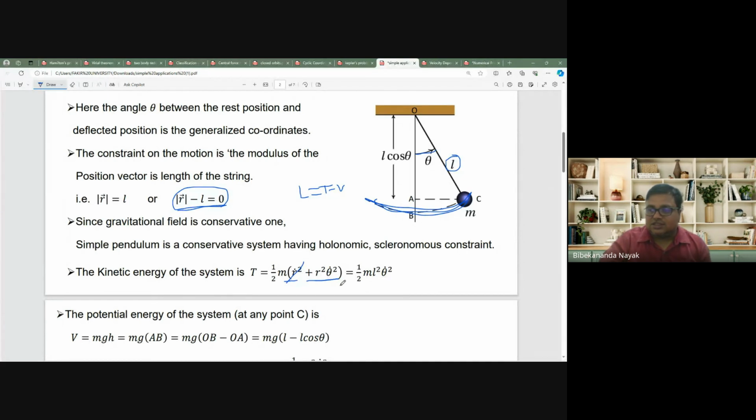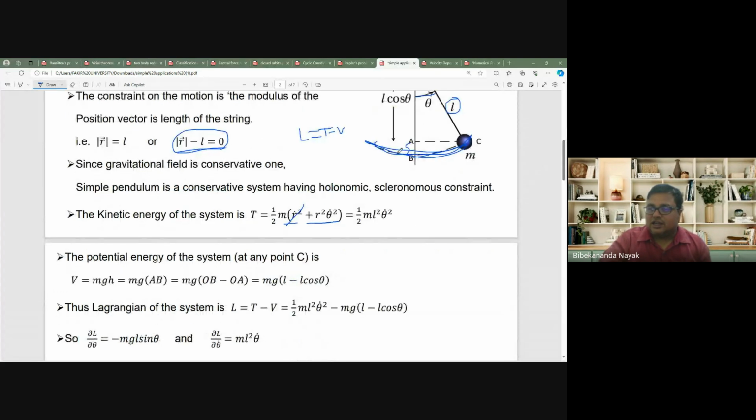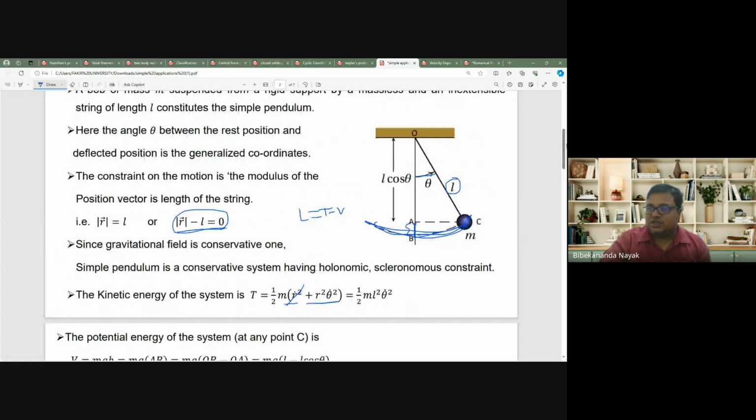And what about potential energy? Potential energy depends on the height, mgh: mass, g acceleration due to gravity, and height. Coming from C to B, it covered a vertical distance AB, and in terms of this length L, obviously OA is equal to L cos theta.